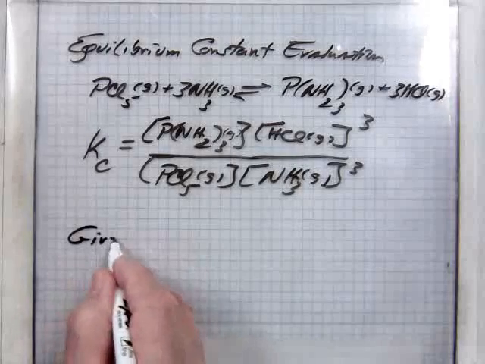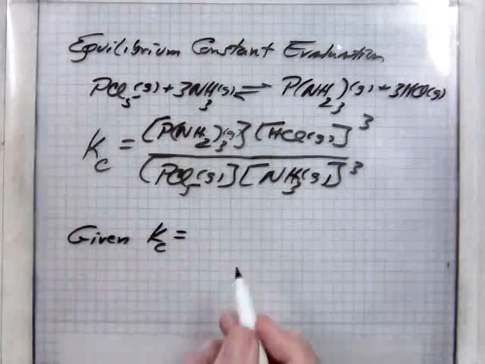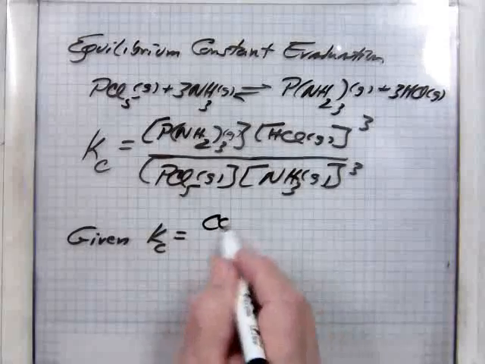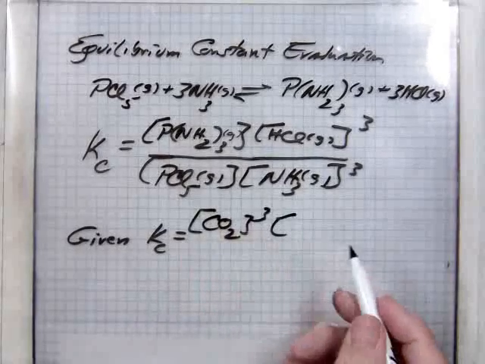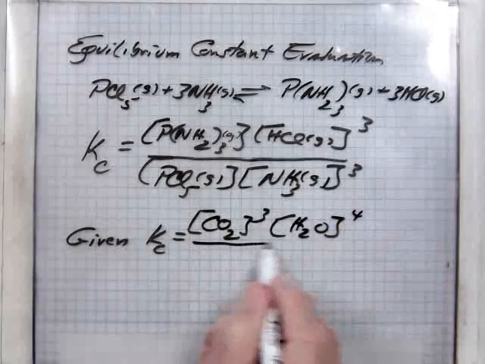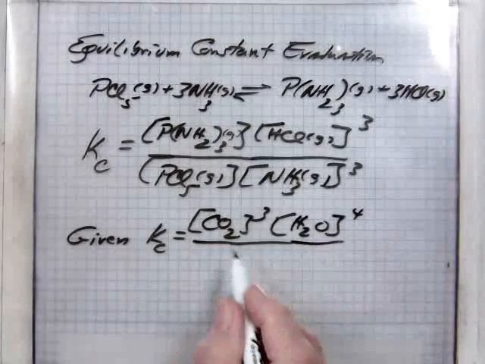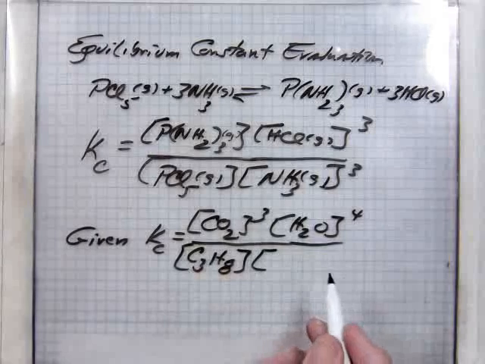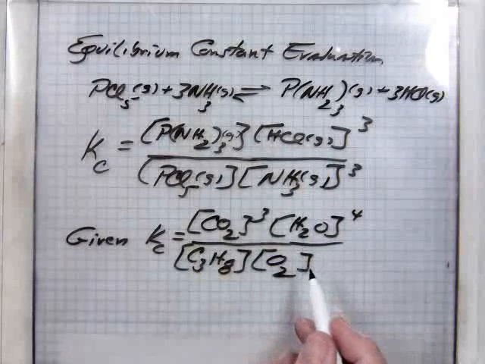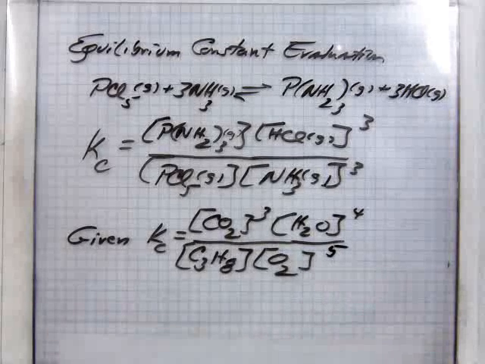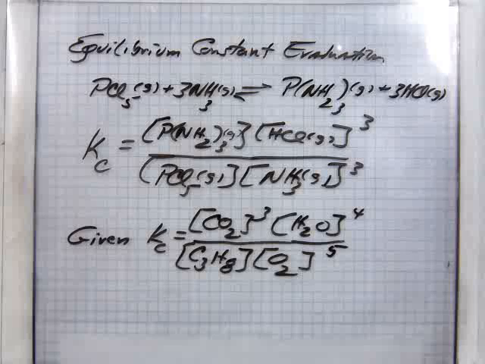If you're given a Kc expression of CO2 cubed and H2O to the fourth power, divided by propane, C3H8 molar, and O2 to the 5th power. Is it a 5? Yes, it's a 5.